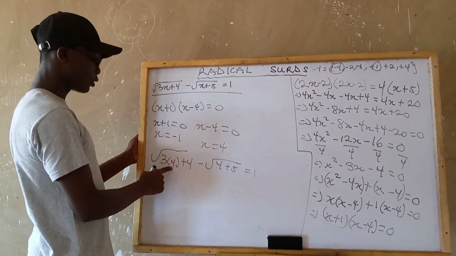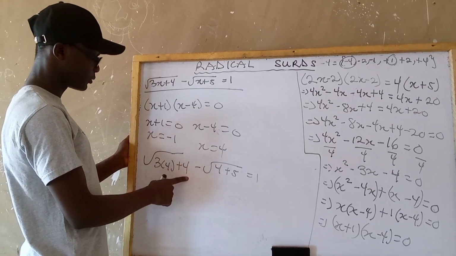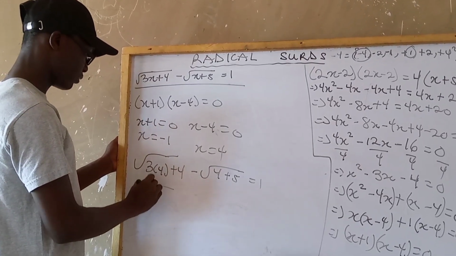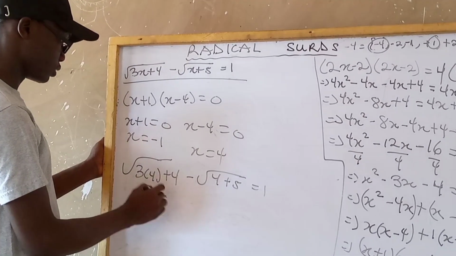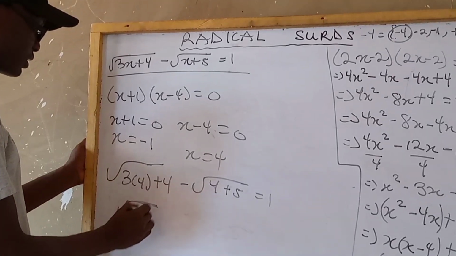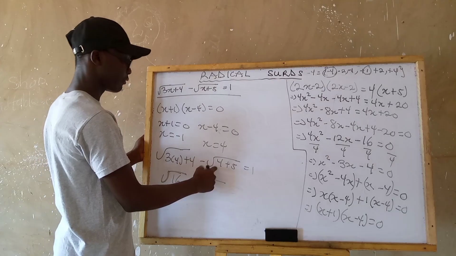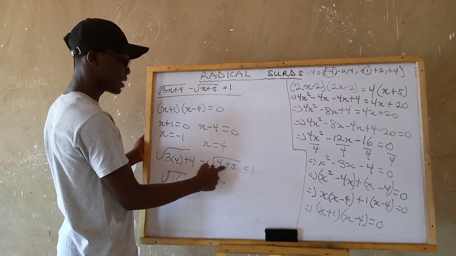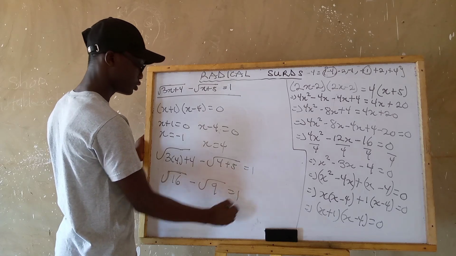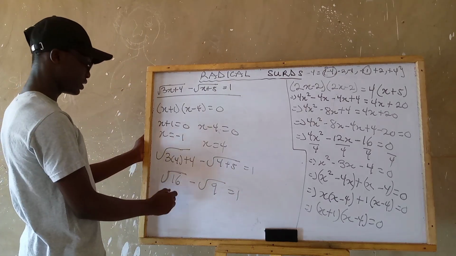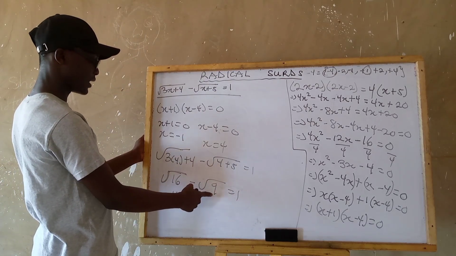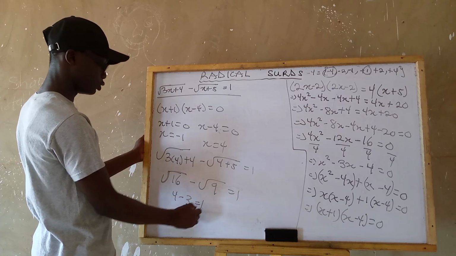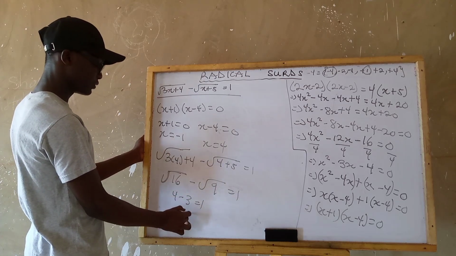So 3 times 4 is 12, 12 plus 4 is 16, and 4 plus 5 is 9. Root of 16 is 4, root of 9 is 3. So 4 minus 3 gives us 1.